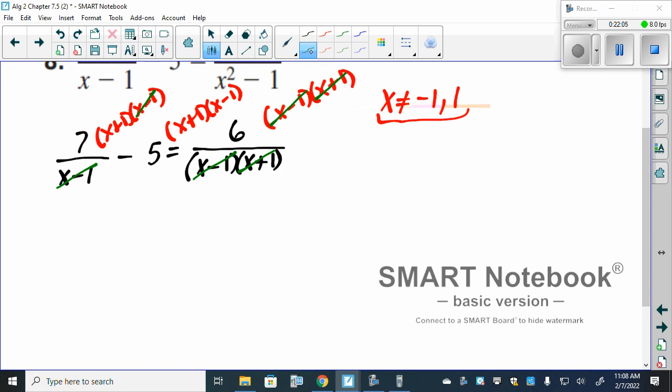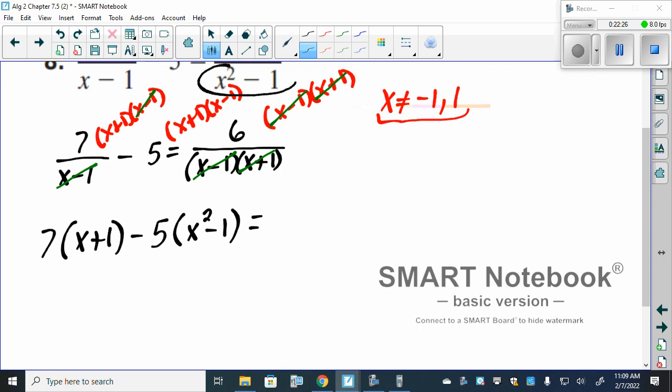Now, when we look at what's left, to start off with, we have 7 times x plus 1 minus 5 times x plus 1 times x minus 1. But where did we get that from? We got it from the x squared minus 1, yes?